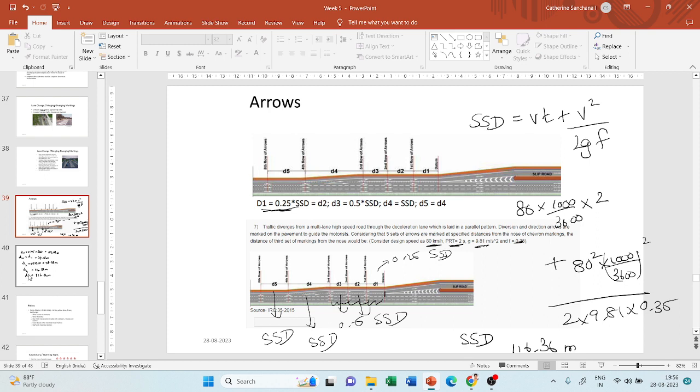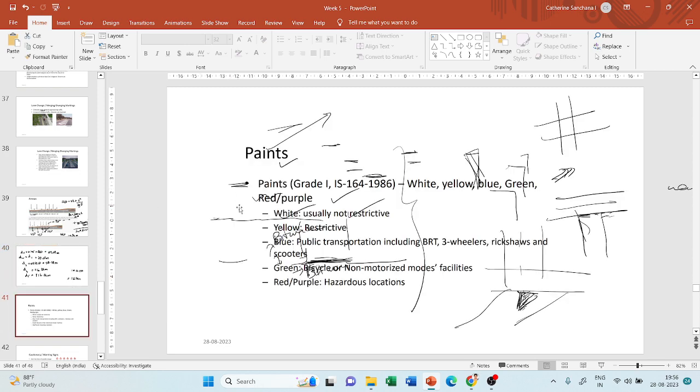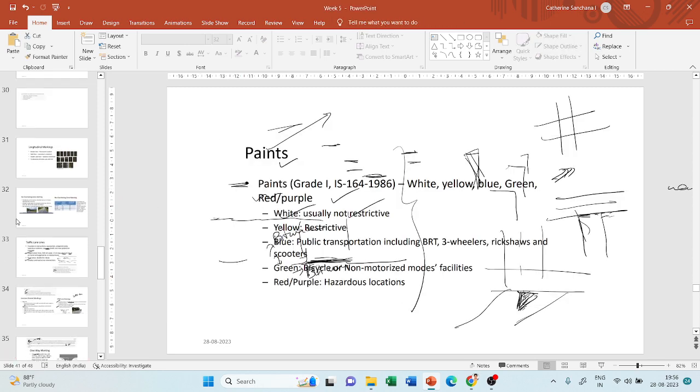If you add D1, D2 and D3, you will get the answer, which is somewhere between 110 to 130. So the answer is 116.36. Okay, moving on to the next question.